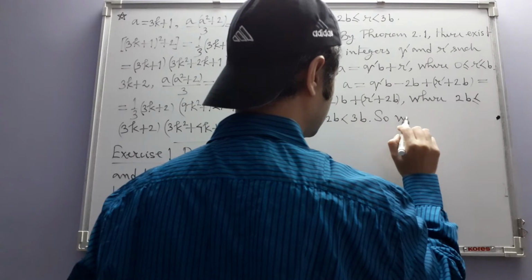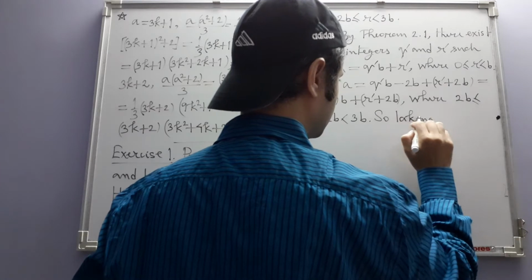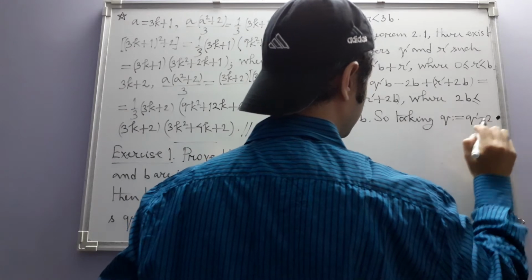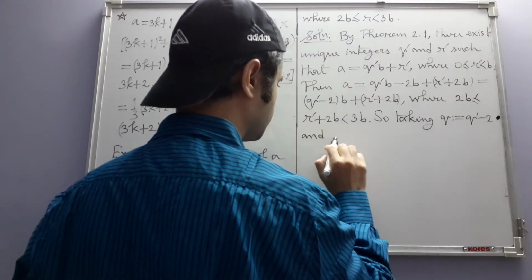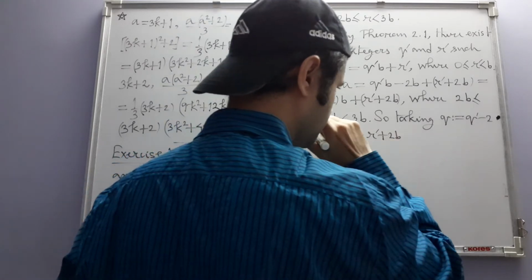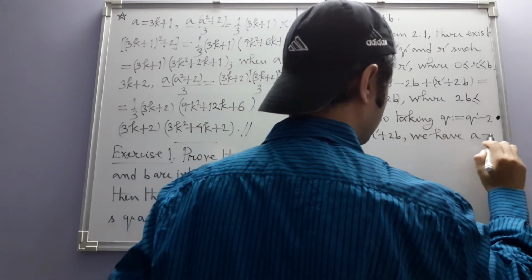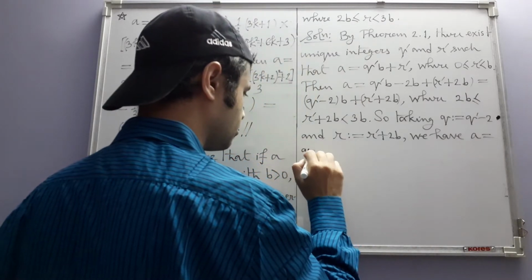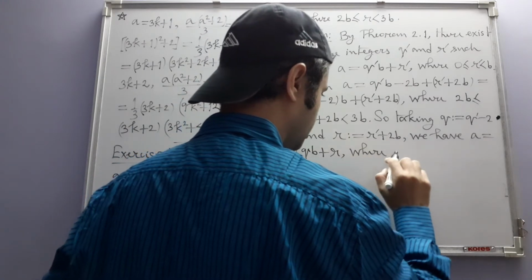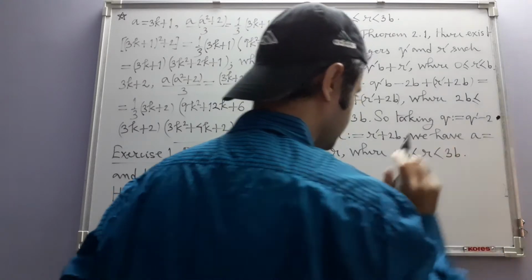So taking q equal to q prime minus 2 and r equal to r prime plus 2b, we have a equal to qb plus r, where 2b is less than or equal to r and r is less than 3b.